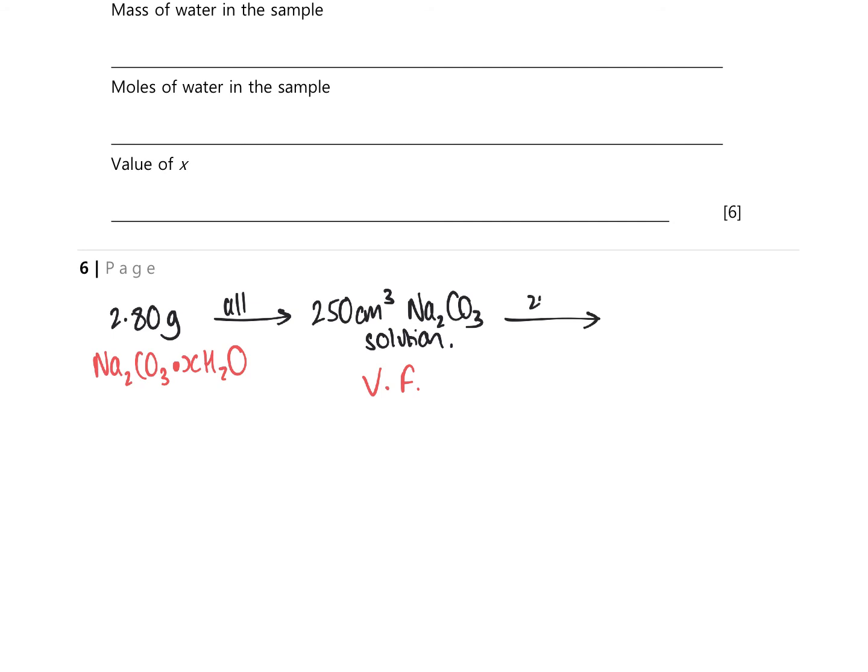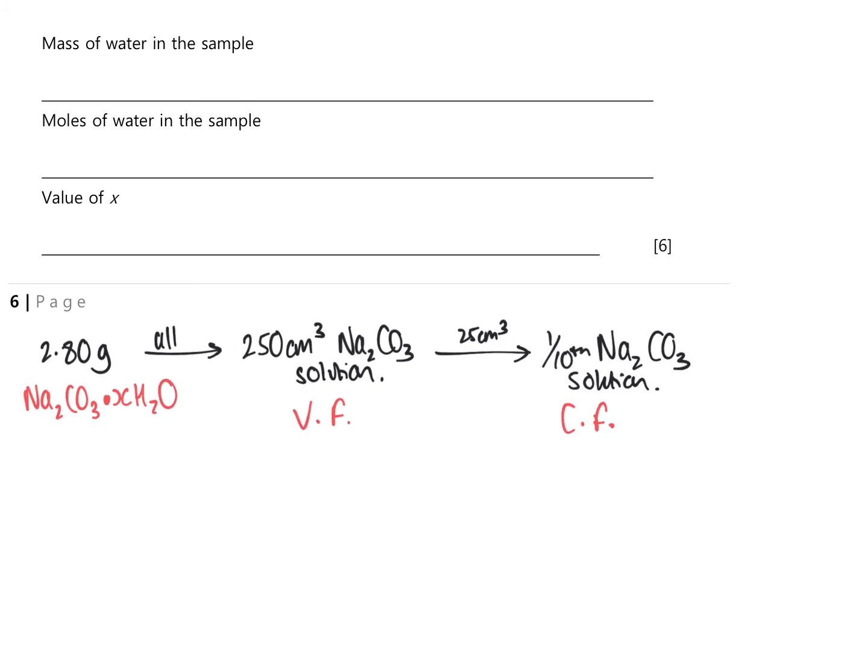And then 25 centimetres cubed of that is taken, and so then we end up with a tenth of our sodium carbonate solution, and that's in our conical flask, and then we titrate that against your hydrochloric acid, which we're told has a concentration of 0.1 molar, and the volume, the average titre, is 0.0224 decimetres cubed.